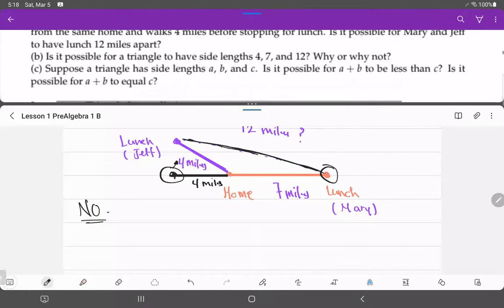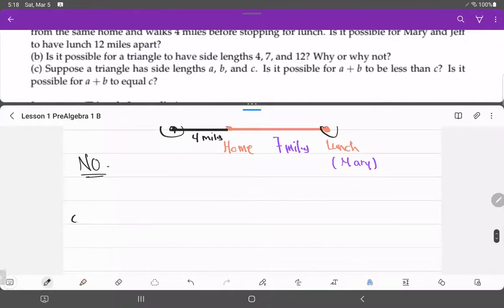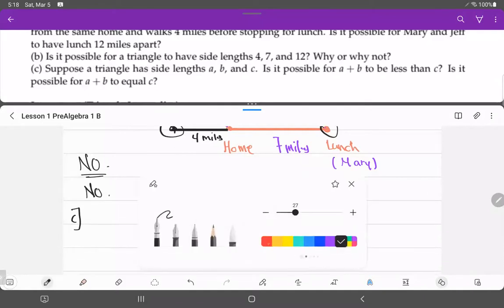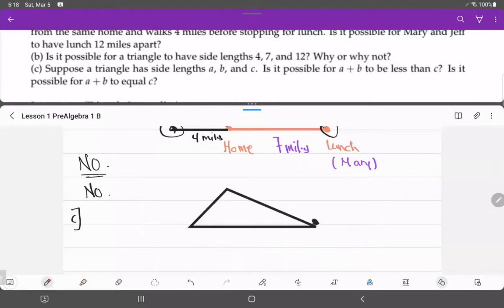For C, again, this is no for B, for the same reason we mentioned. Suppose a triangle has the sides A, B, C. So let's have a triangle. Suppose this is A, B, C. Is it possible for A plus B to be less than C?